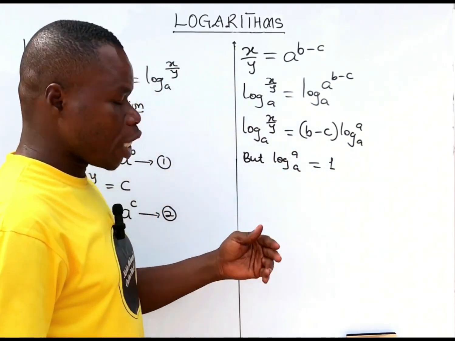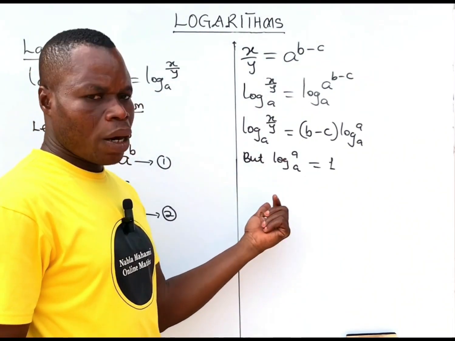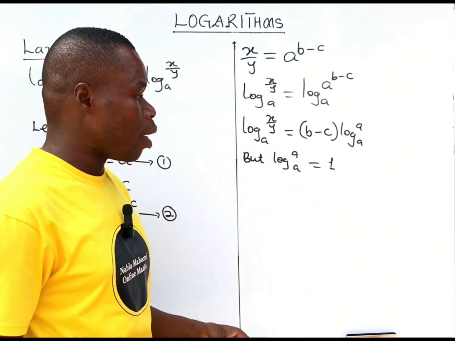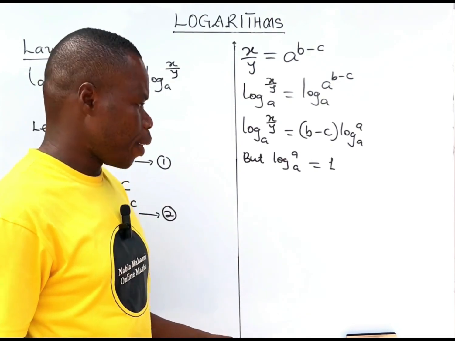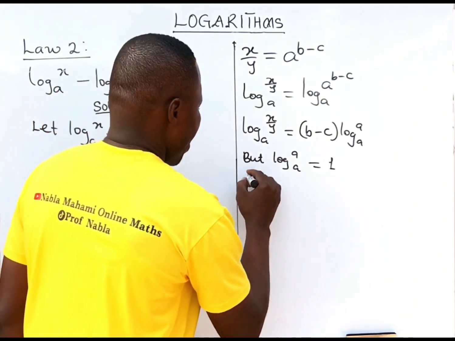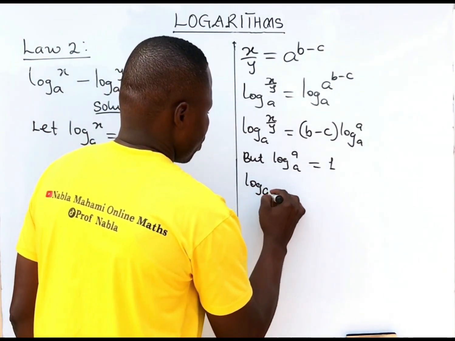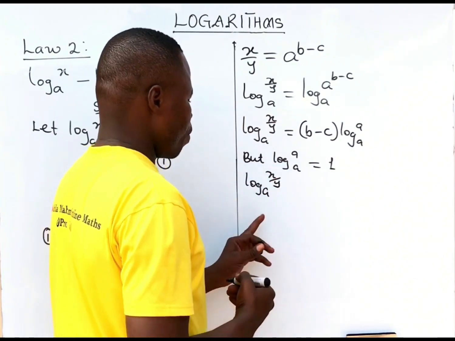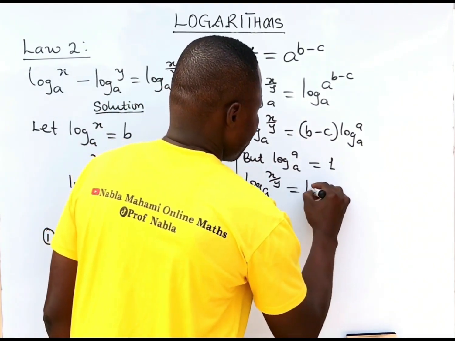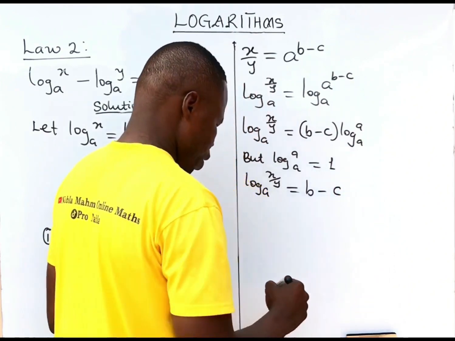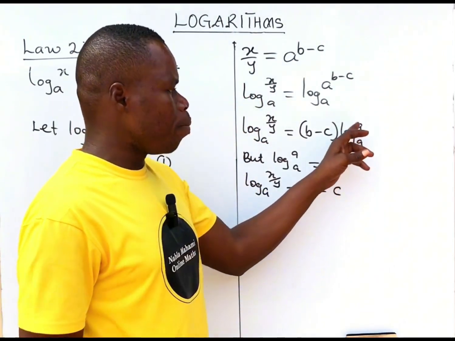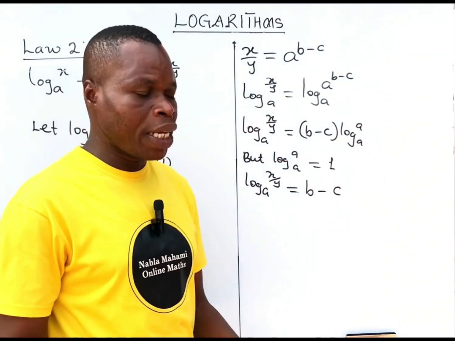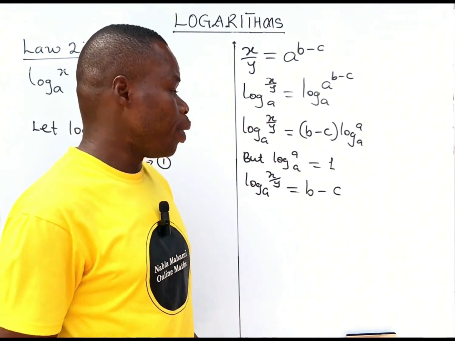In law 1, we have already explained this. Log of a number with a base which is the same thing as that number, then the result will be 1. So I'll have log x over y, and the base is a, will be equal to b minus c, because log a base a is 1, and 1 multiplied by b minus c is going to be b minus c.